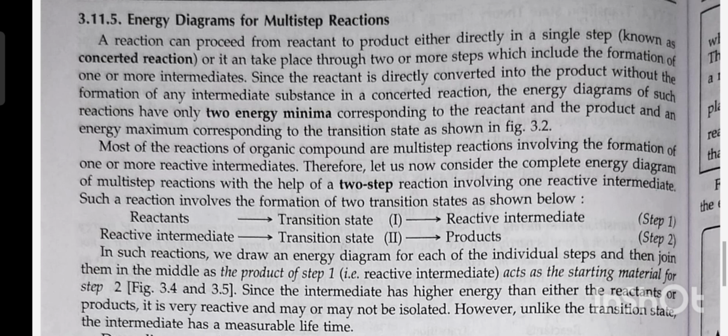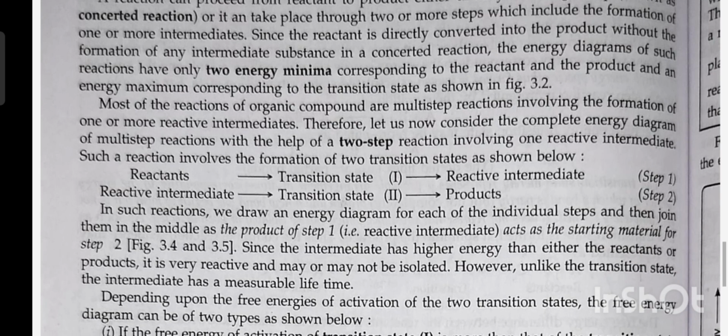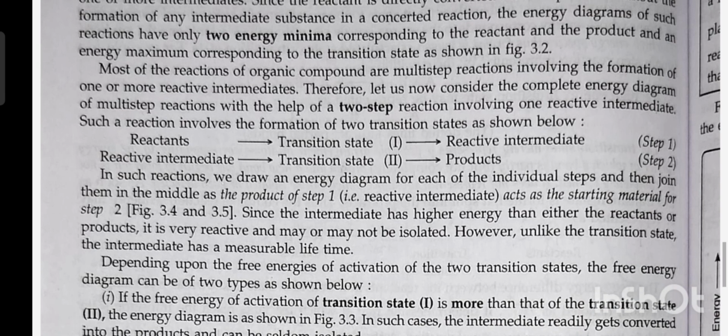Reactant, transition state first, reactive intermediate, transition state second, product. In such a reaction, we draw the energy diagram for each of the individual steps and then join them in the middle, as the product of step 1, the reactive intermediate, acts as the starting material of step 2.